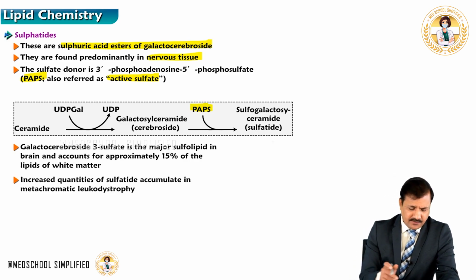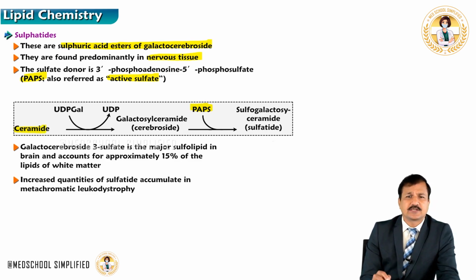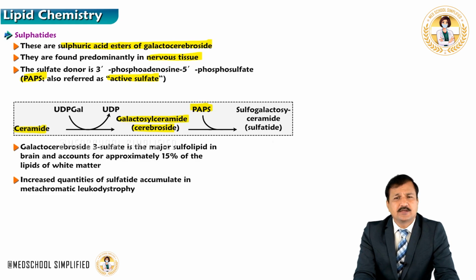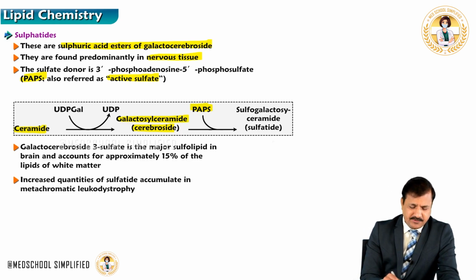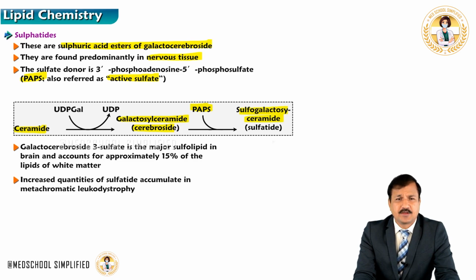So here in the figure we have ceramide, the basic structure, and UDP galactose comes into the reaction. So we get galactosylceramide, that's how galactosylceramide is made. Galactosylceramide is a type of cerebroside. And then PAPS gives sulfate, so it becomes sulfogalactosylceramide, which we just refer to as sulfatide.